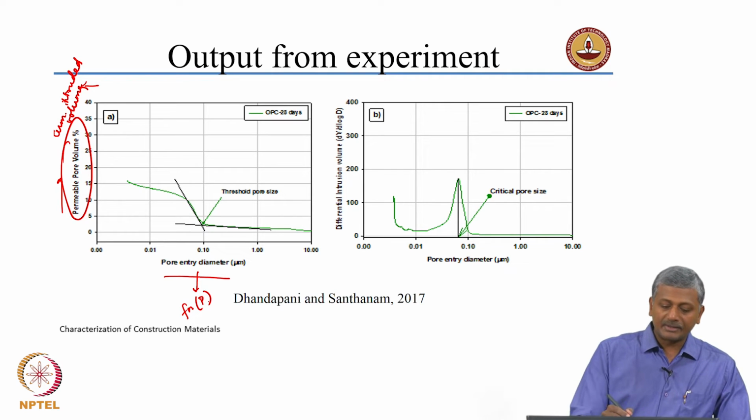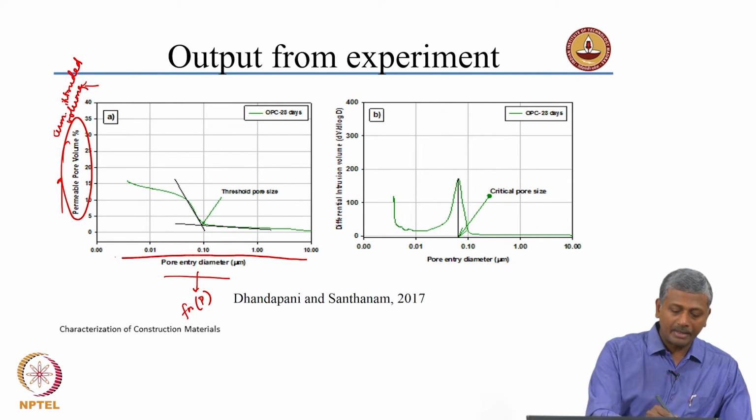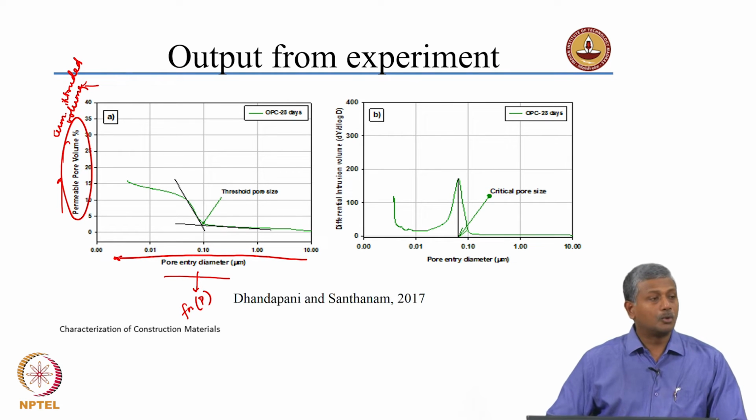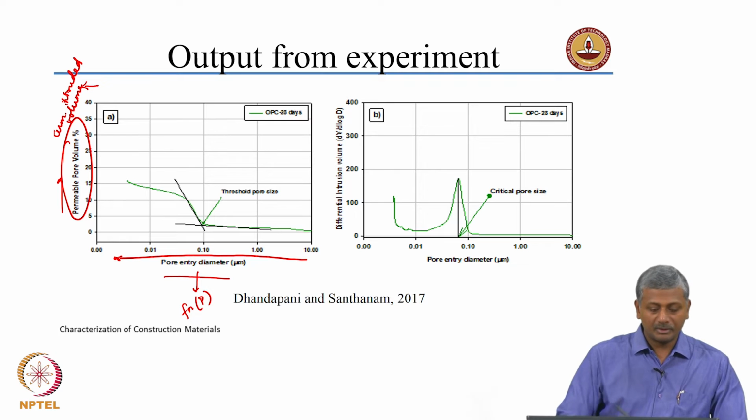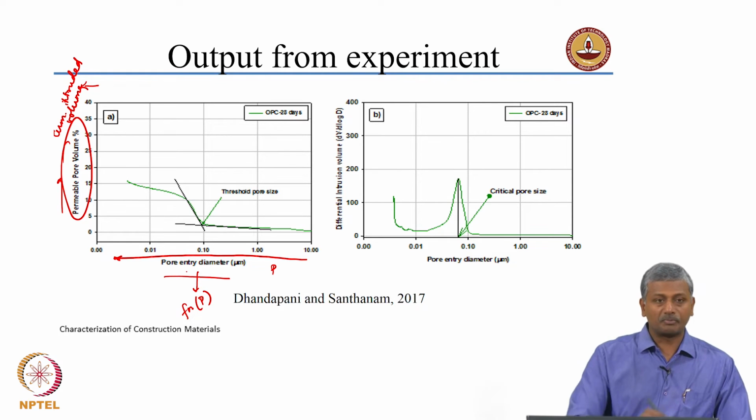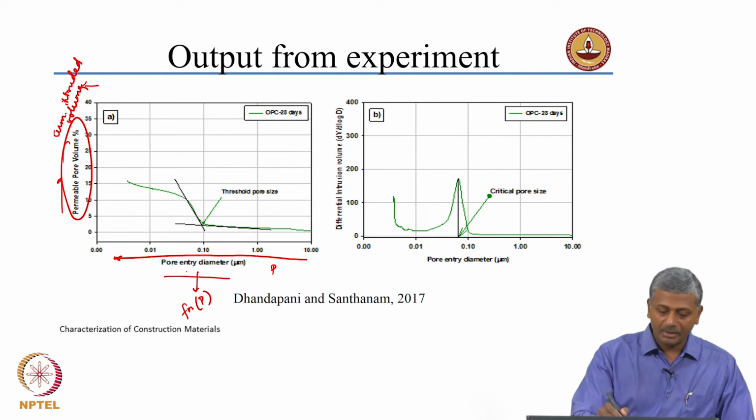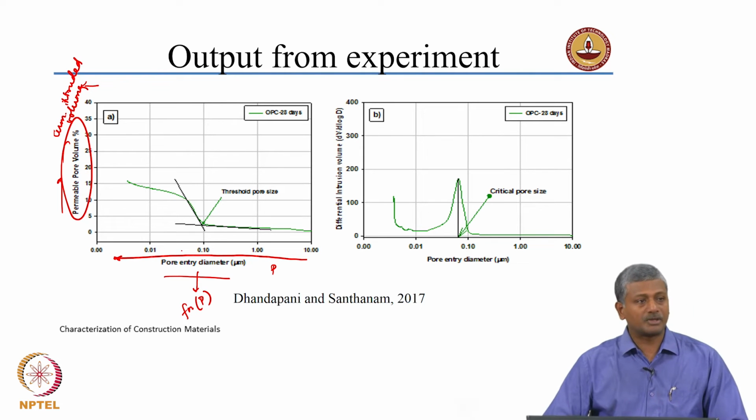So, as you apply greater pressure, you are moving from higher diameter to lower diameter. So, it is plotted in this way. This is the direction of pressure, that means more pressure implies lower and lower diameter, that is what you actually observe in this image.